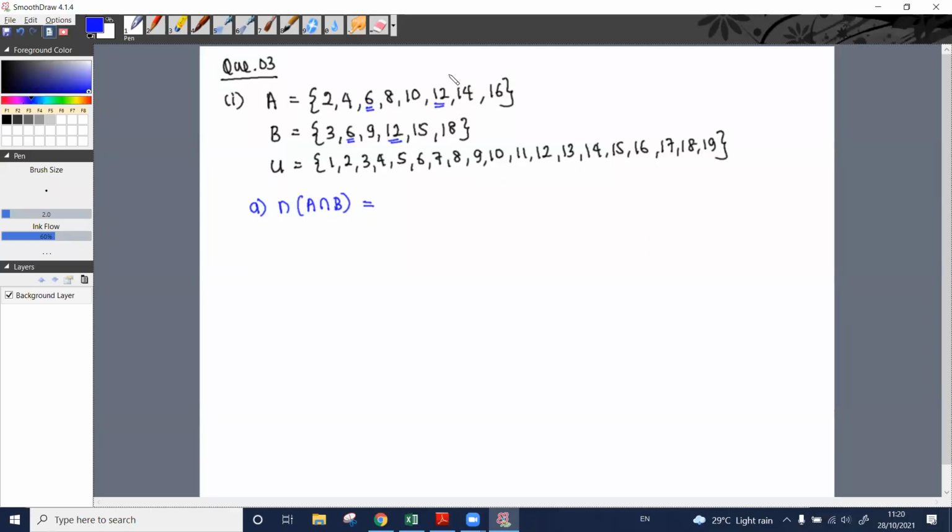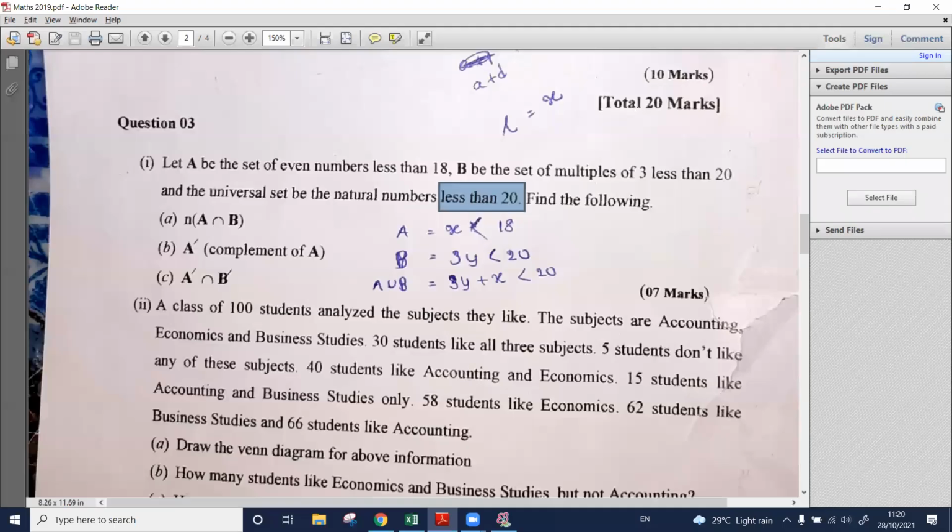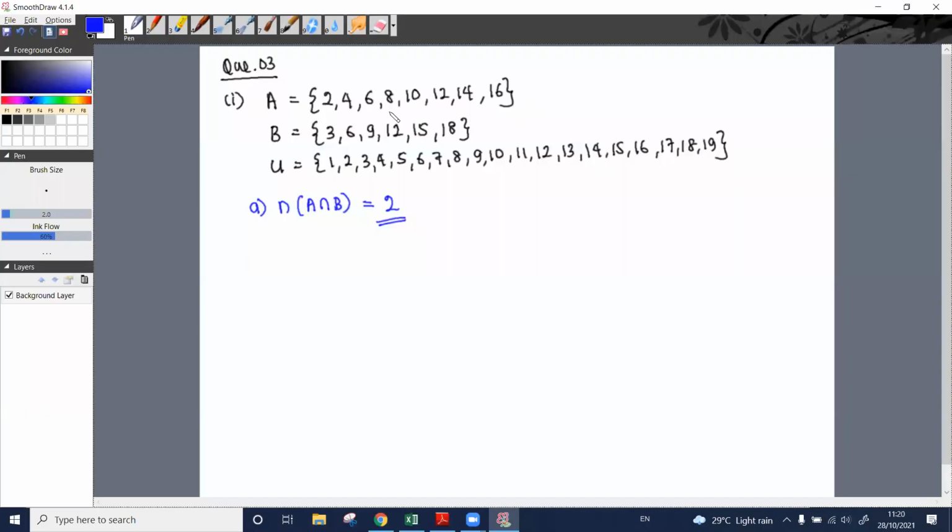So there are 2 elements common to A and B. N of A intersection B should be equal to 2. If you got this one correct, please give 2 marks.